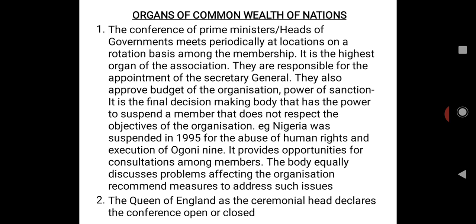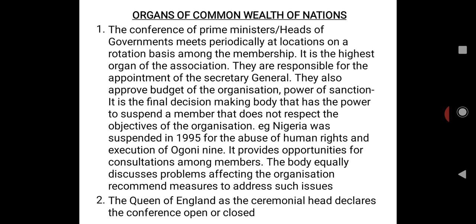A typical example of such power, Nigeria was suspended in 1995 for the abuse of human rights when she executed the Ogoni 9.